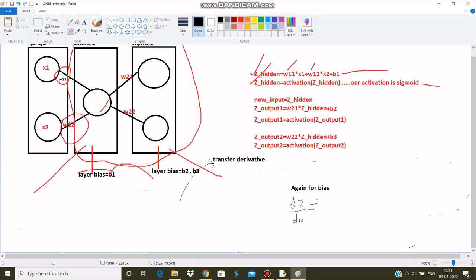Let's write it properly. We'll just jump directly to the equation. It is sigma x into 1 minus sigma x.